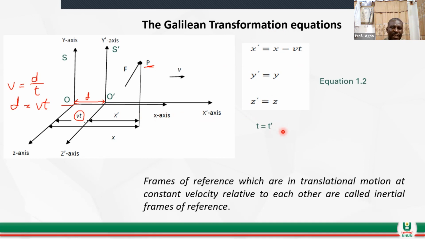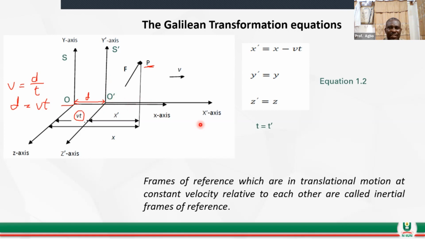Remember, relativity deals with space and time. Frames of reference in translational motion at constant velocity relative to each other, like O prime, are called inertial frames of reference. Even the unprimed frame is an inertial frame of reference, because here there is no motion. But the S prime is moving at constant velocity.